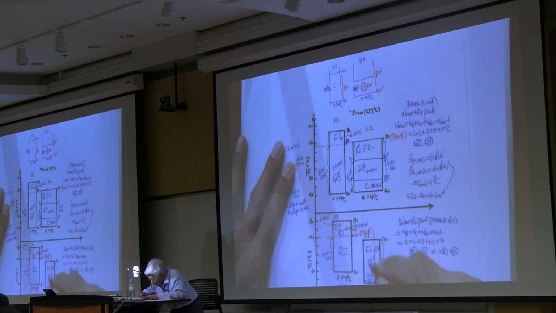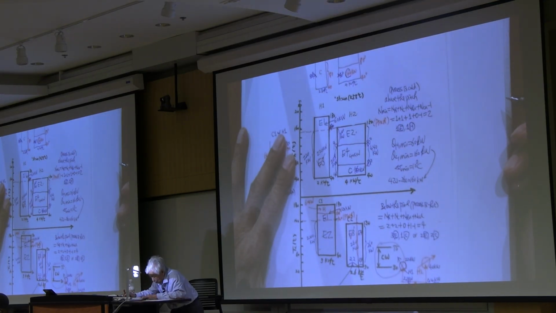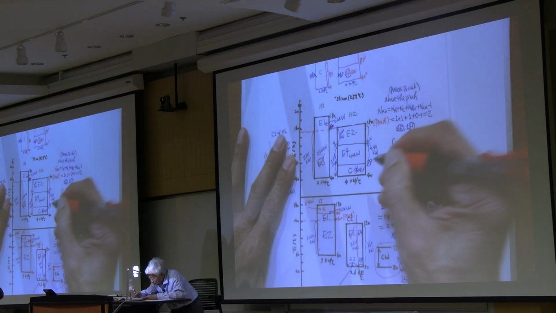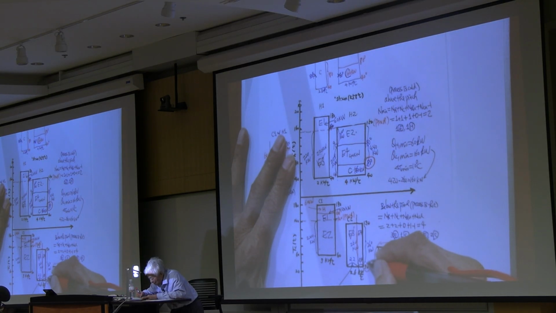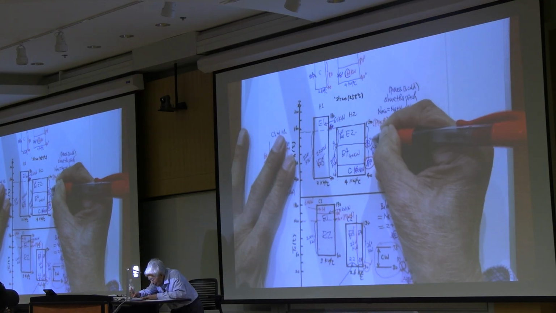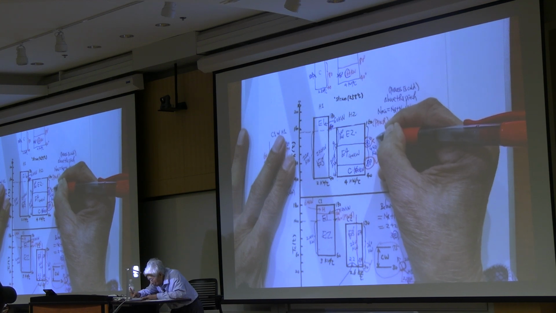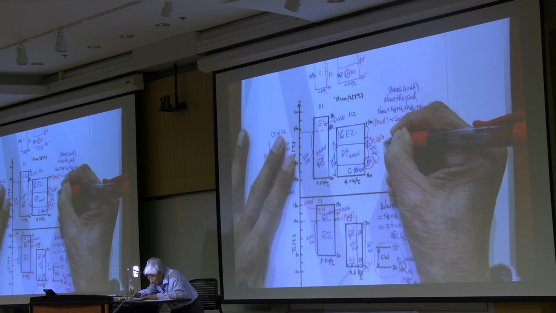E3 is okay. E4, troublesome. 80 above 30, good. 90 below 130, questionable.